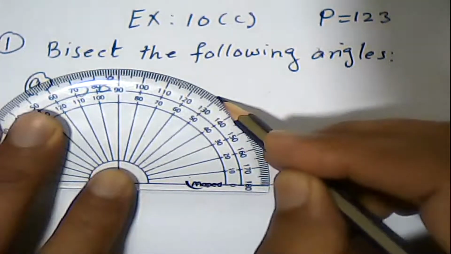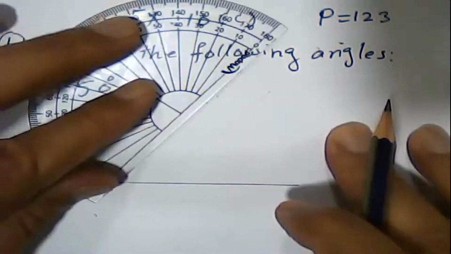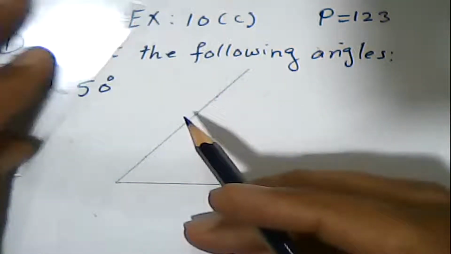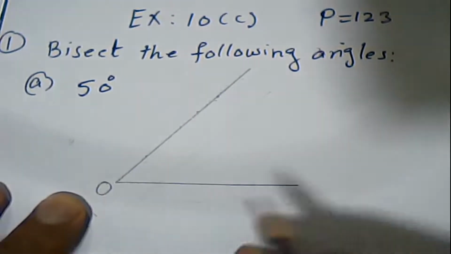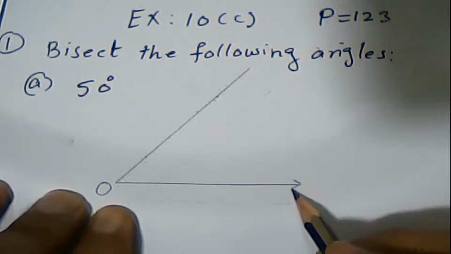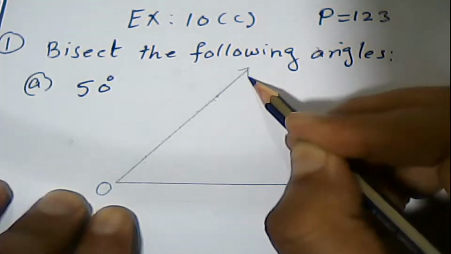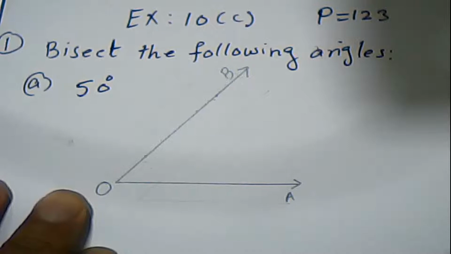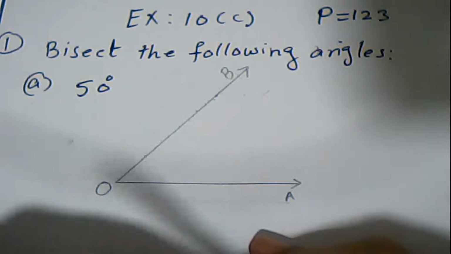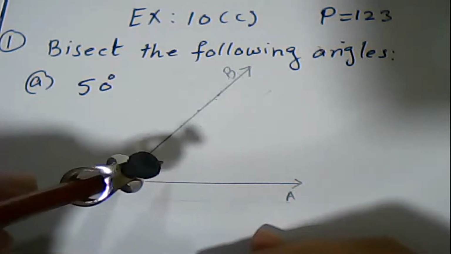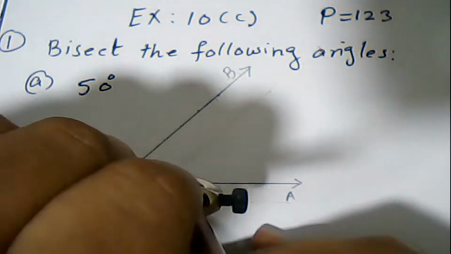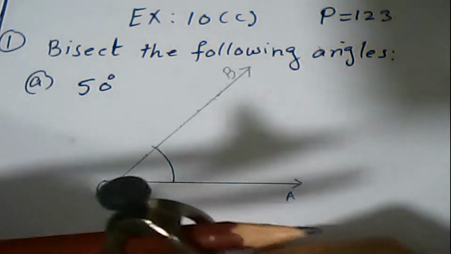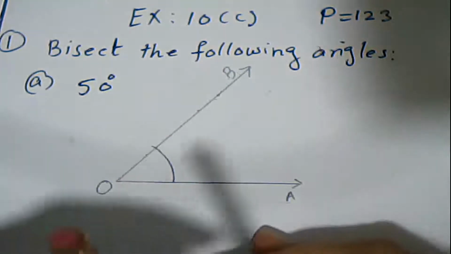50 degrees. This is O, called the vertex, and this is point A, this is point B. Now open your compass and draw an arc from point O by using a pair of compasses.